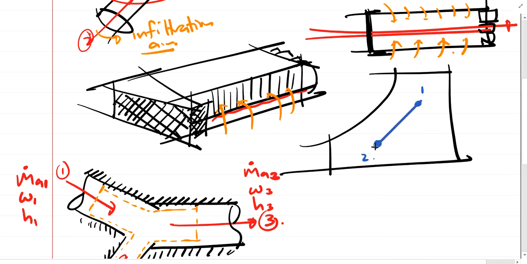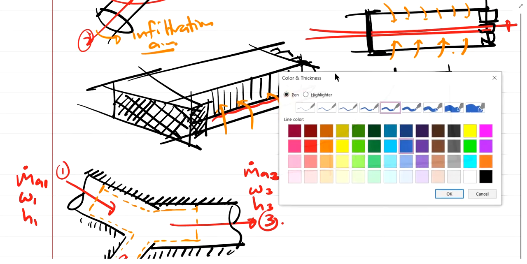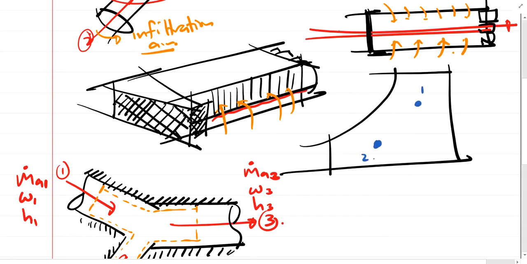The mixing would be something like this. It follows, or is assumed or approximated by, this straight line, and the properties at point 3 would be somewhere in between. That's the process.